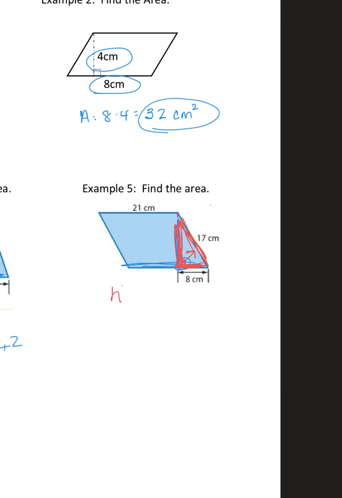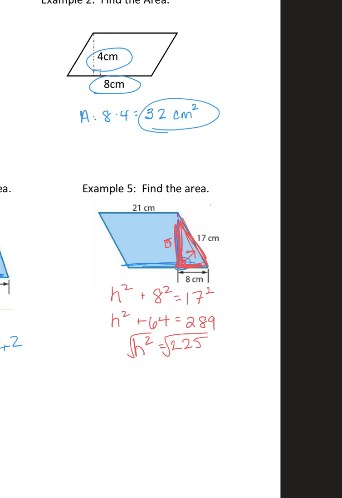So we're going to have height squared plus 8 squared equals our hypotenuse squared. So h squared plus 64 equals 289. When I subtract 64 from both sides, we're going to get h squared equals 225. And then I square root both sides, and we're going to get that the height is 15.